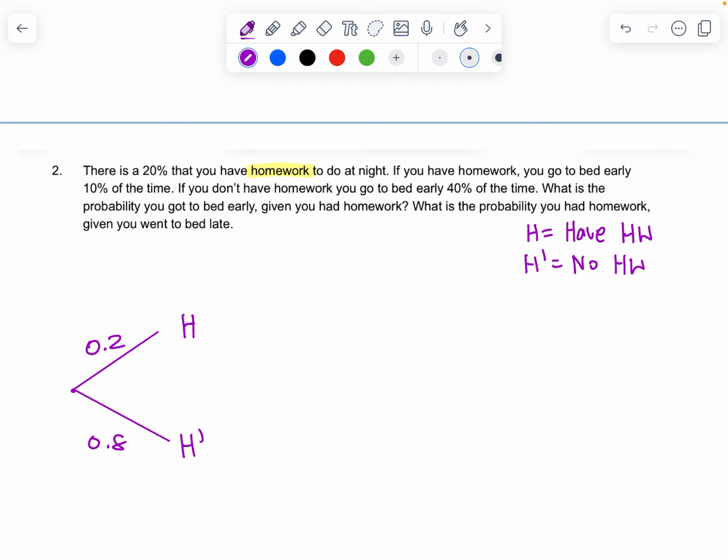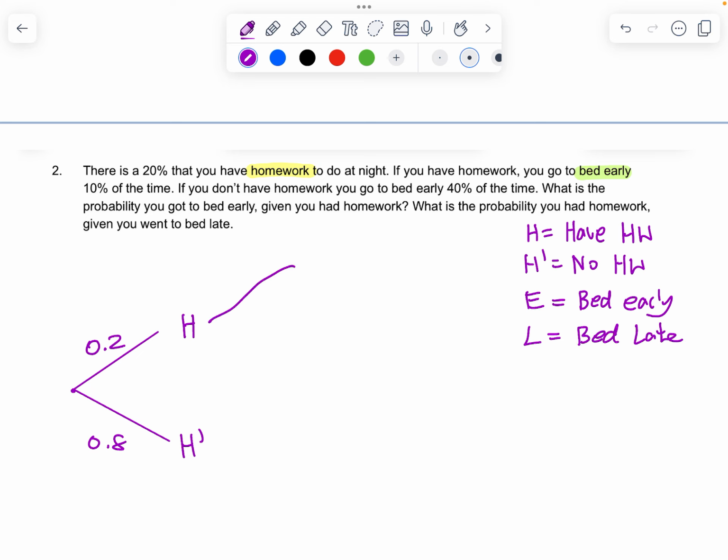And then next it says if you have homework, you go to bed early. So again, there's two things going to happen. Either you go to bed early or you don't. So let's call E go to bed early, and L go to bed late.